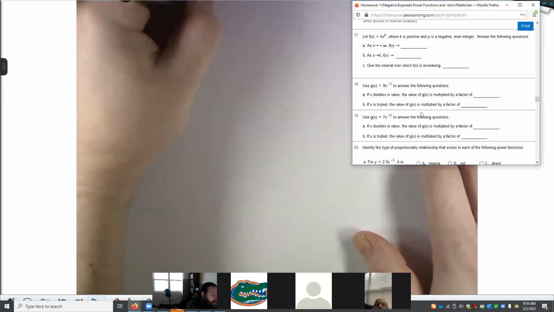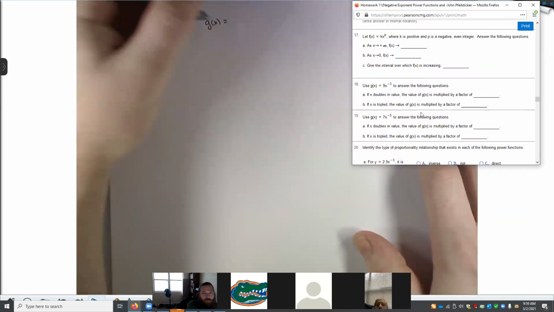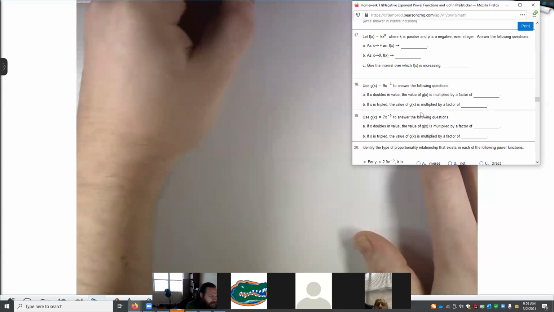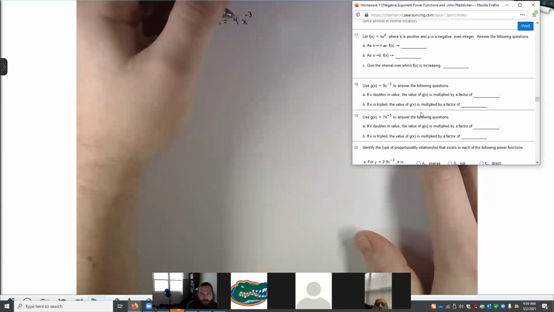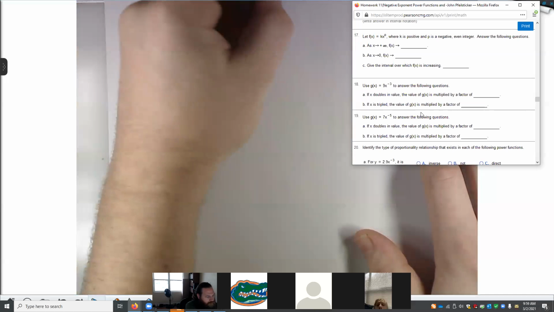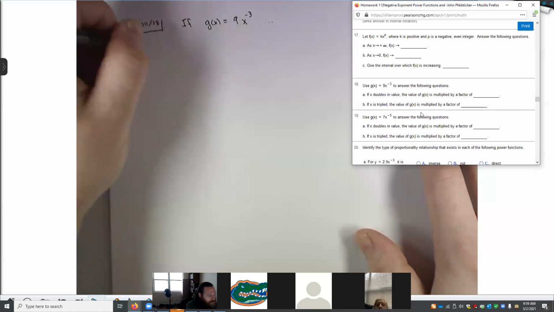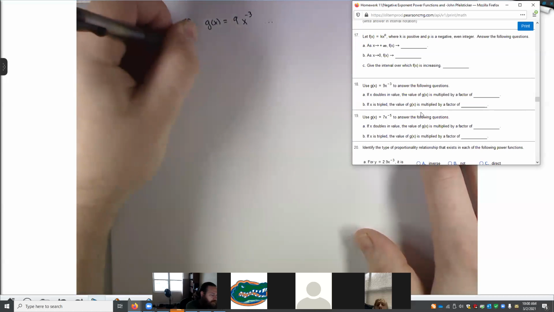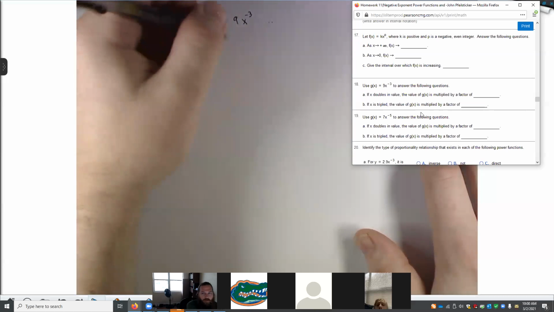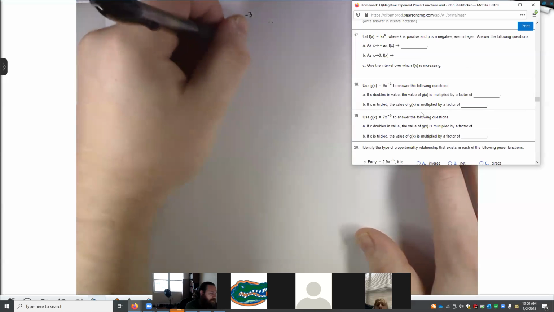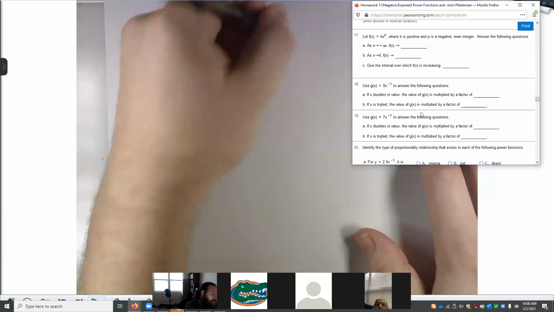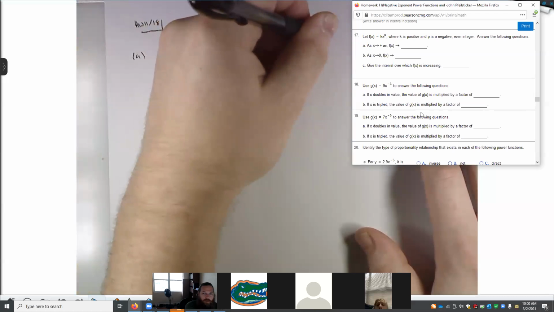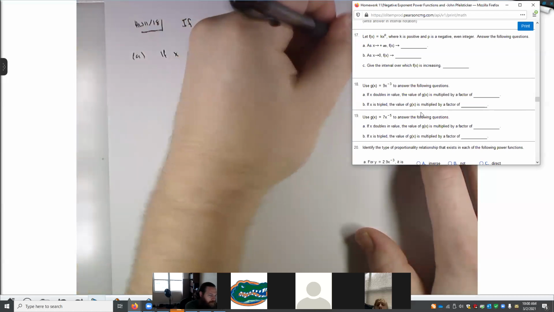If g of x is the function 9x to the negative 3, part A: if x doubles, then g of x gets multiplied by what?